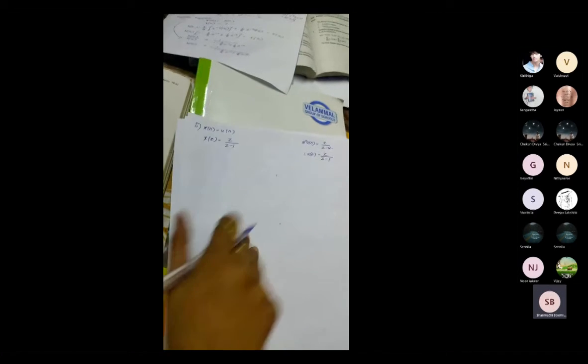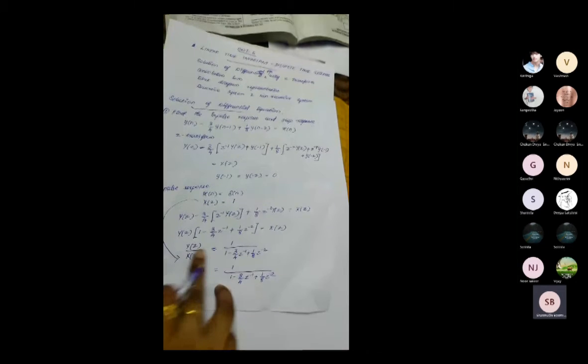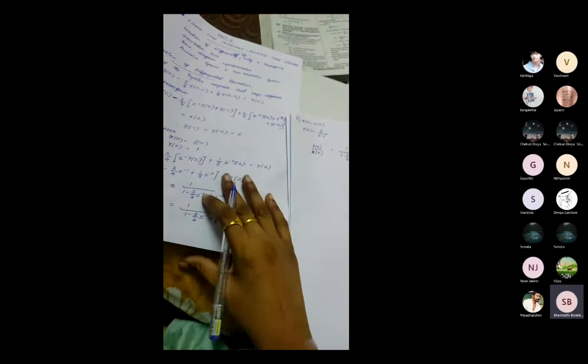In the same way, you have to proceed with the formula. You have to apply the Z transform and you will get an equation like this. From this I am taking Y of Z divided by X of Z, which will be equal to 1 divided by 1 minus 3 by 4 Z inverse plus 1 by 8 Z power minus 2.